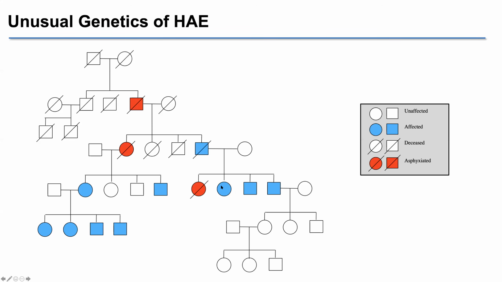So if you have 4 kids, all 4 of them could be affected, or all 4 of them be free, males and females equally. It's very simple genetics, very easy to do genetic counseling for these patients.